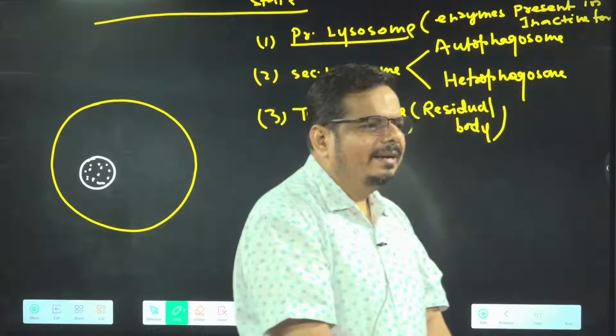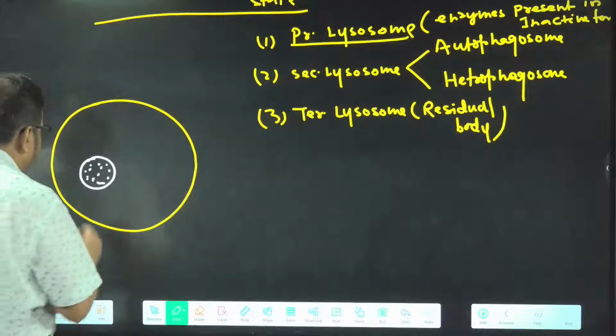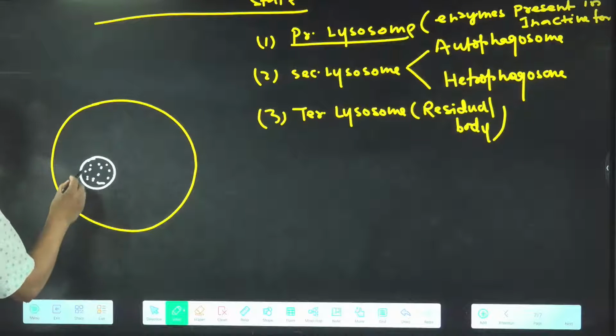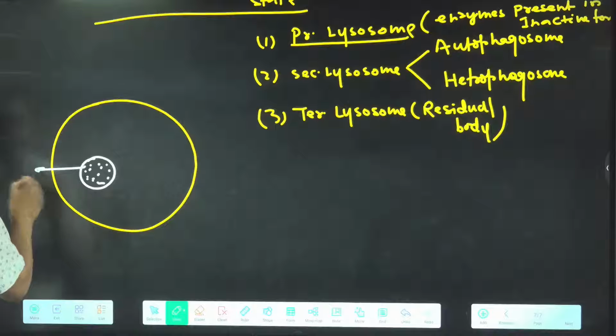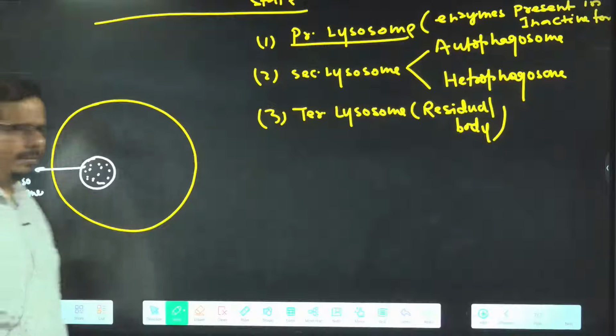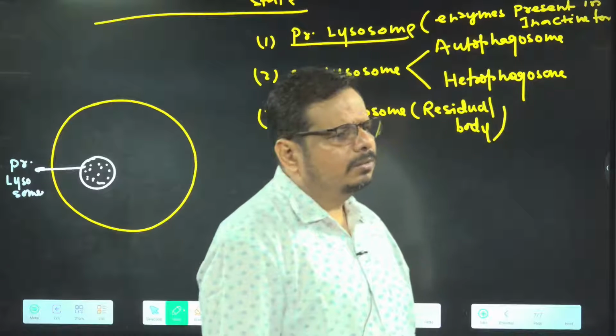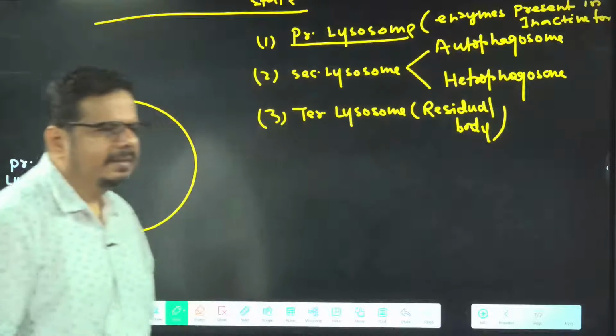And it contained more than 50 hydrolytic enzymes. So this is primary lysosome. I am writing it: primary lysosome. Now what happened? All the enzymes in the primary lysosome are present in inactive form.